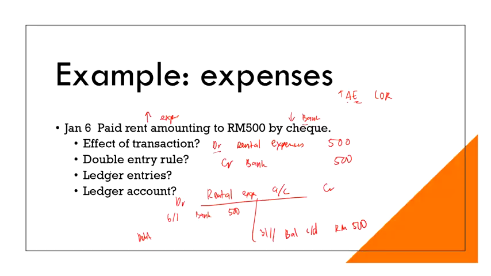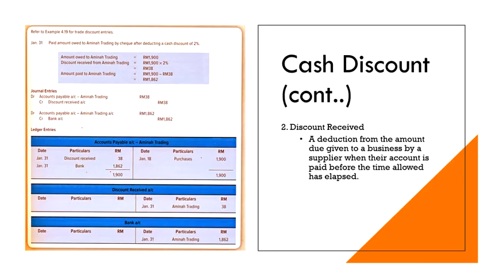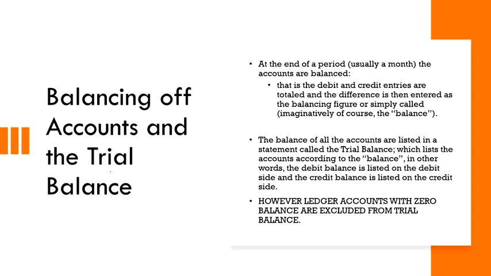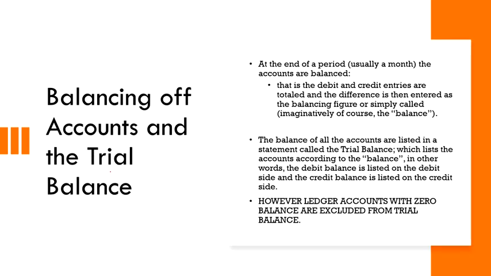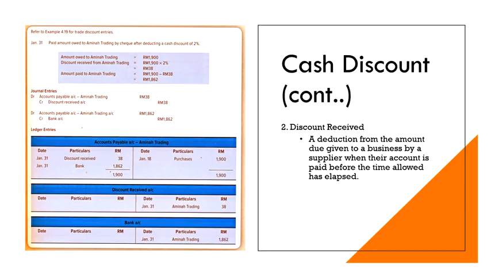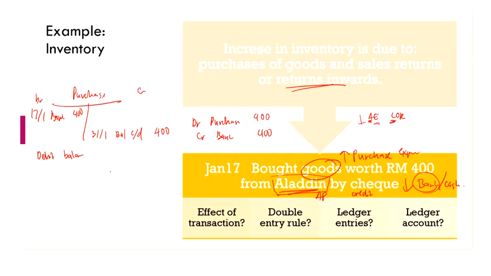Okay. So next, kita akan pergi kepada, okay, ni kan kita tahu dah apa tu debit balance, credit balance and zero balance. I hope you understand. Okay, so now balancing of accounts and the trial balance. At the end of a period, usually a month, the accounts are balanced. That's why, tengok sini I tulis on 31st January.